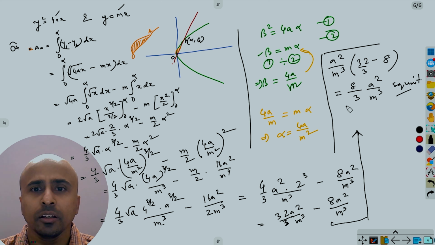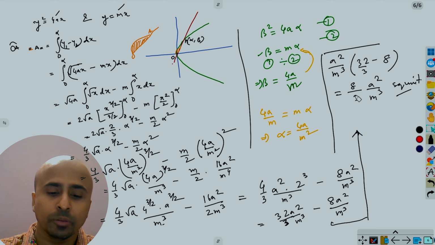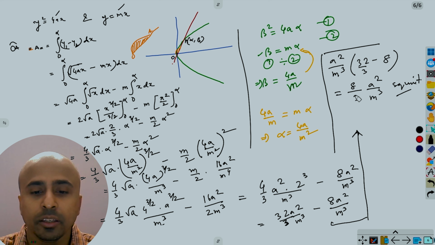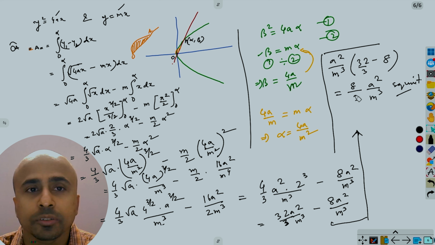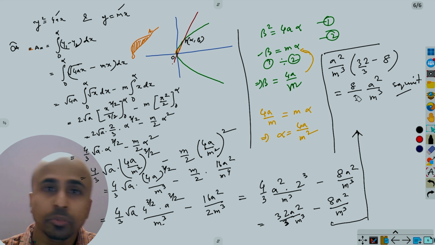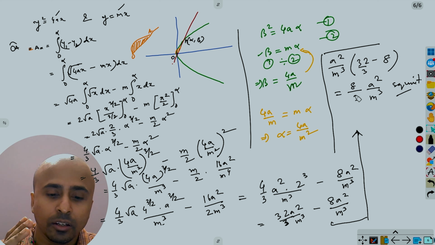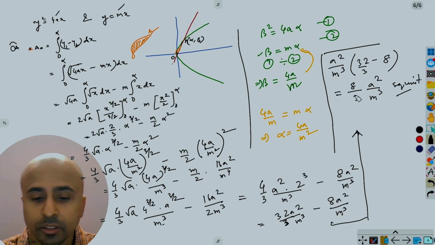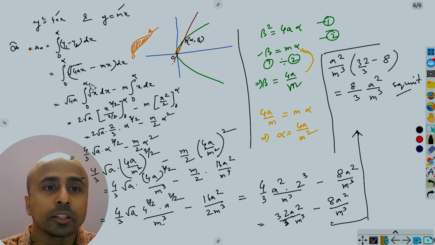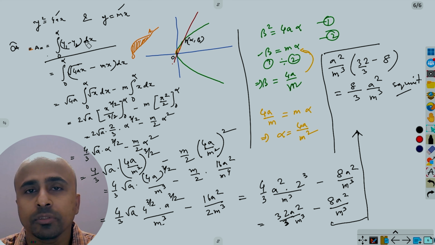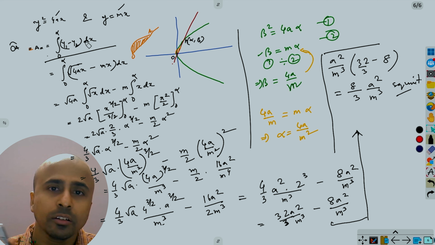So we observe that in the last few problems, the main takeaway is this formula. The difference between the upper curve and the lower curve, and then we have to determine the limit.